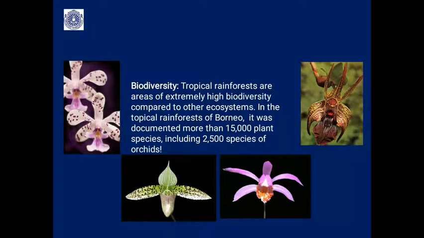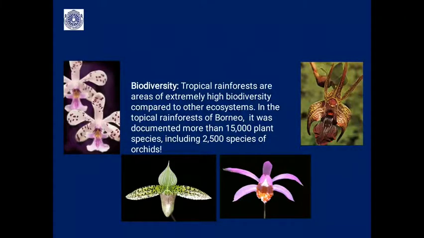To give an example of the biodiversity of the tropical rainforest of Borneo, there are a documented 15,000 plant species, and among them very beautiful orchids. There are 2,500 species of orchids in the tropical rainforest of Borneo. We also have in the Western Ghats 300 species of wild orchids endemic to the Western Ghats.